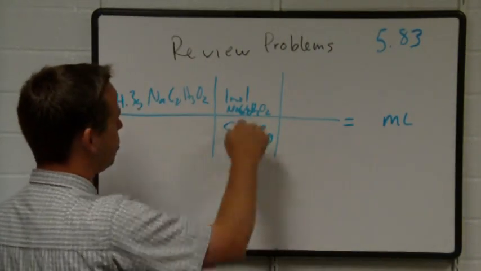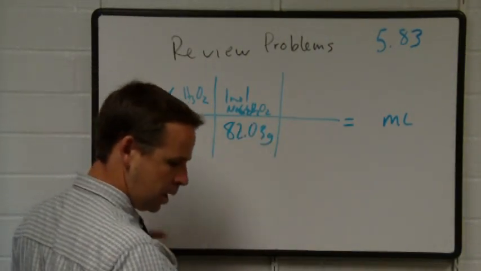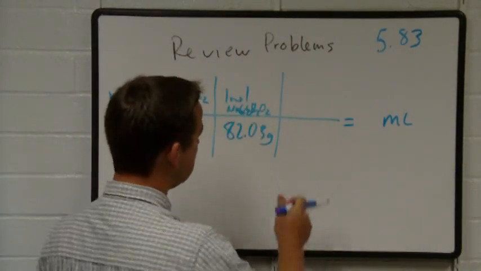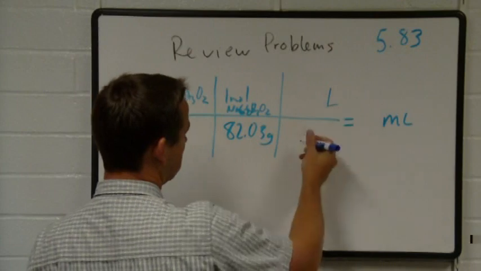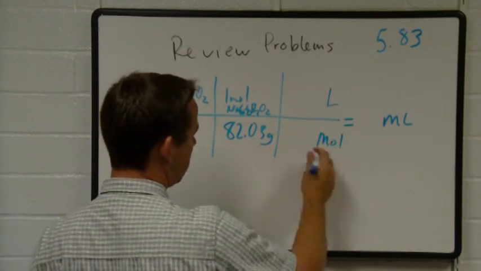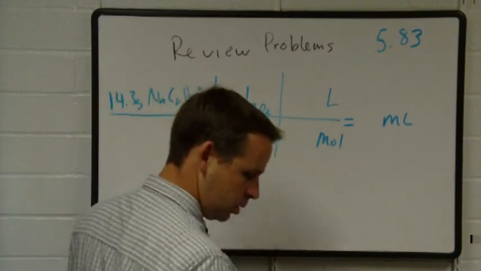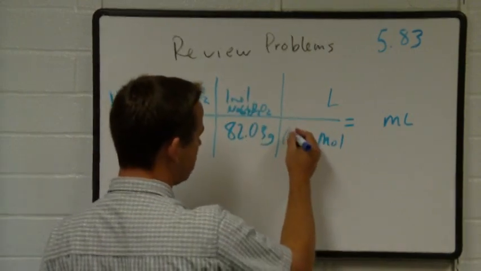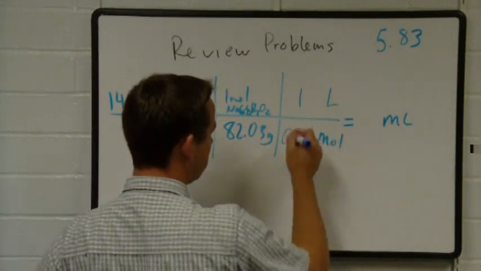So now we're in moles of sodium acetate. And how many moles of sodium acetate do we have for every liter? Because we need to get into liters. Okay, so molarity is moles per liter. So there's 0.265 moles for every 1 liter.